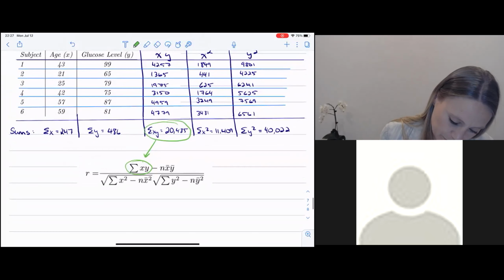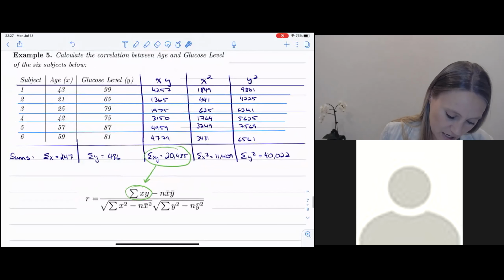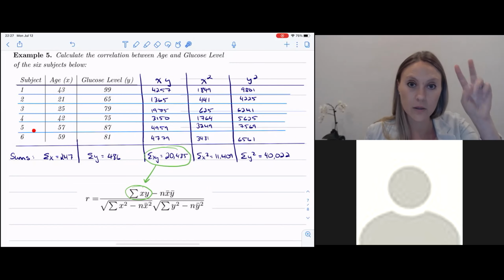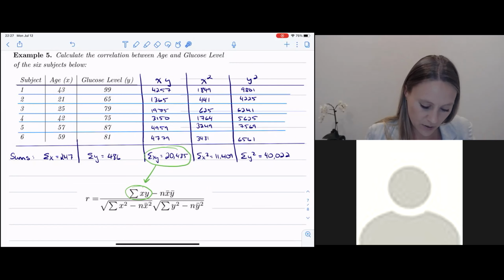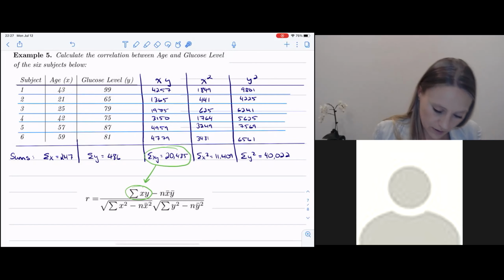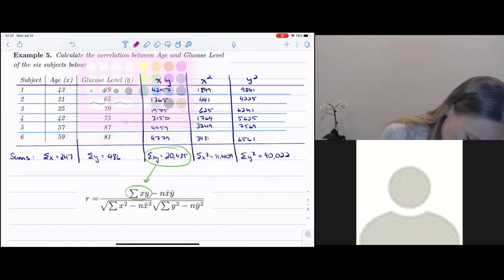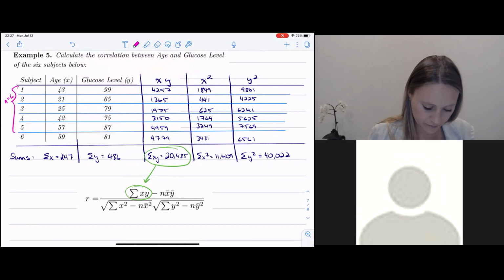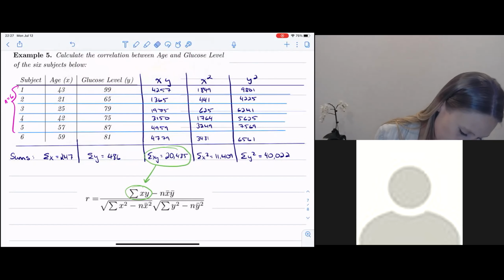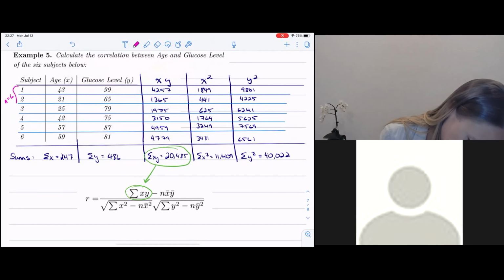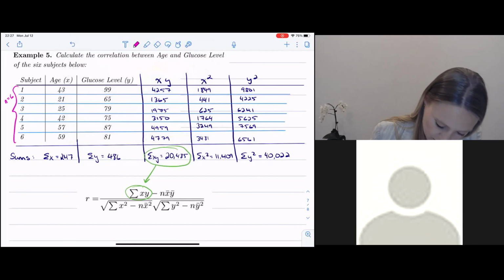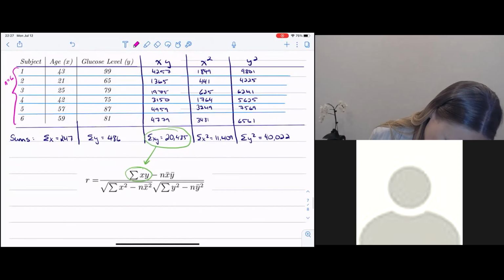What's n? N is the number of subjects, or the number of pairs that we have, which is going to be 6. So here I'll put it out here. N is 6.